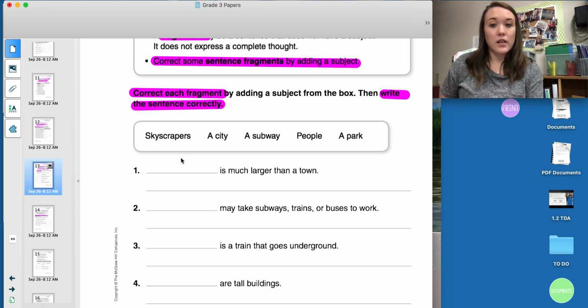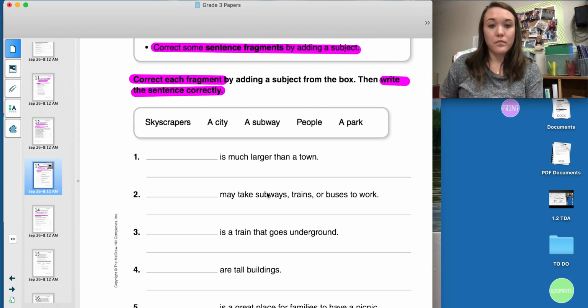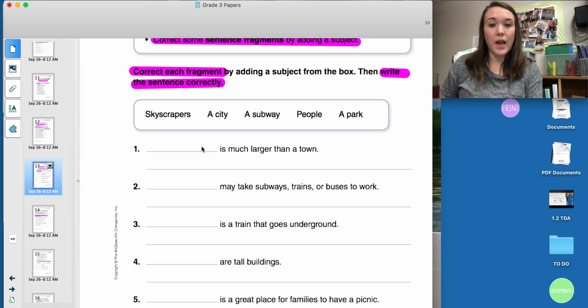Here's my box that I can choose from. Number 1 says, blank is much larger than a town. I need to figure out which one of these words or phrases completes this sentence correctly. For this sentence, it would be a city.